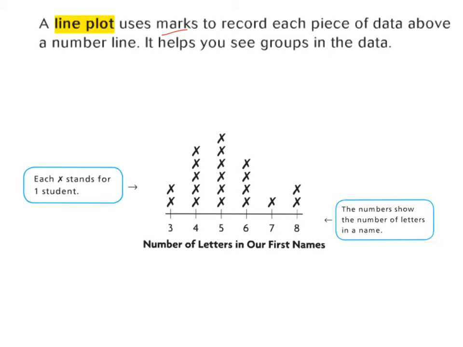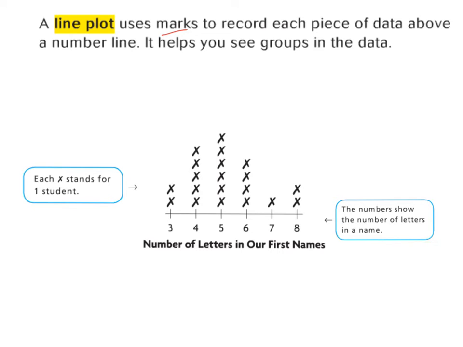We can also see that the same amount of students have 3 letters in their name and 8 letters in their name, since there are 2 students with 3 letters in their first name and 2 students with 8 letters in their first name.